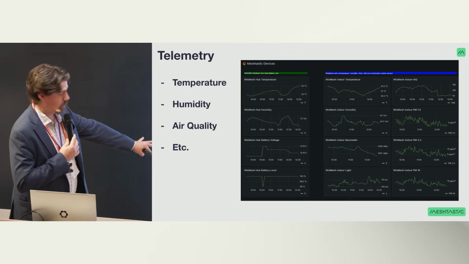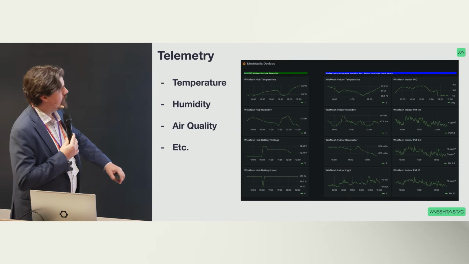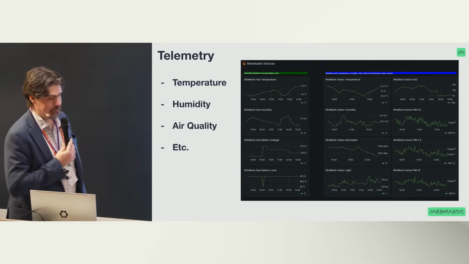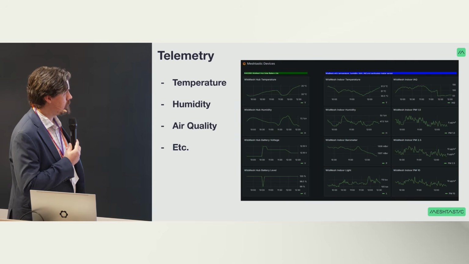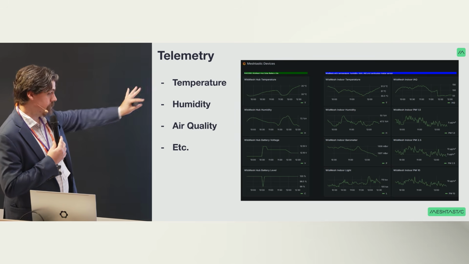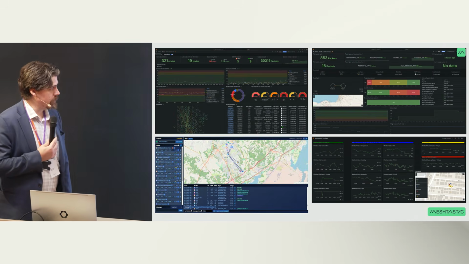Anything that could be sent in a small packet, you can send over Meshtastic. And as you look at this, you might think, well, this sort of lends itself to agriculture. Yes, people use it for agriculture. Caring for pets, caring for cattle, all of those sorts of things. Yeah, there are people interested in doing that with Meshtastic.